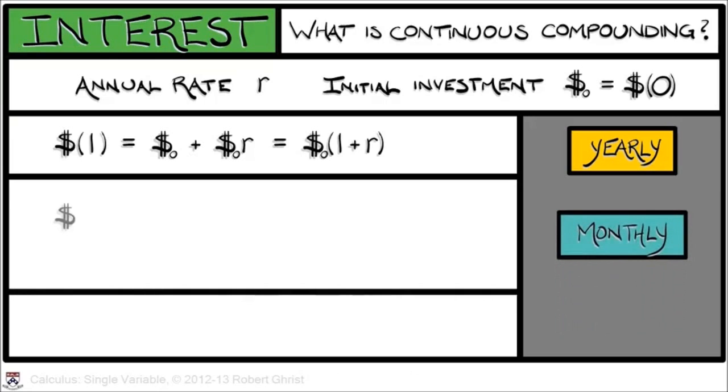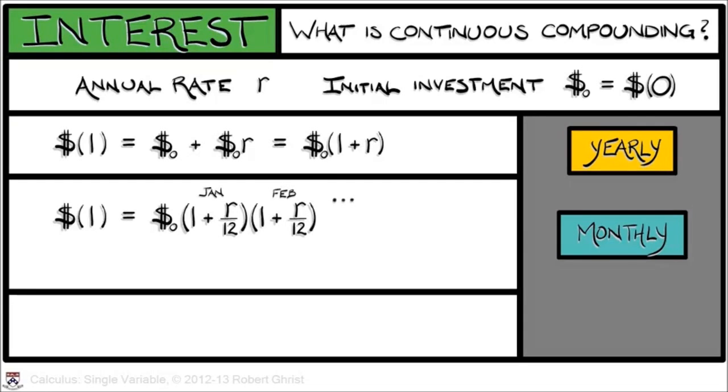If, however, we compounded that interest monthly, then what would we get? After 1 year, we would have the initial investment times quantity 1 plus R over 12, which is how much we would earn in January. Then we would multiply all of that by quantity 1 plus R over 12.